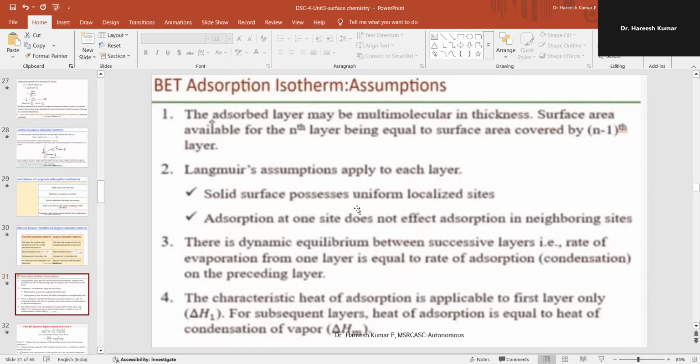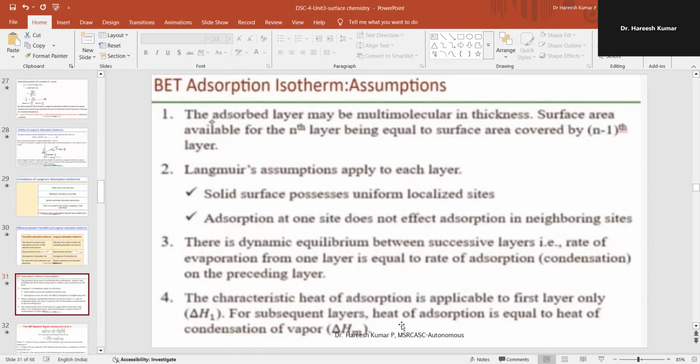That means the solid surface possesses uniform localized sites. Adsorption at one site does not affect adsorption at neighboring sites. There is a dynamic equilibrium between successive layers. That means the rate of evaporation from one layer is equal to the rate of adsorption, that is condensation, on the preceding layer. The characteristic heat of adsorption is applicable to the first layer only.